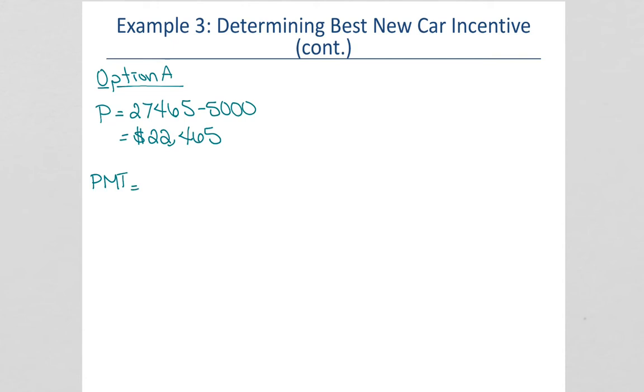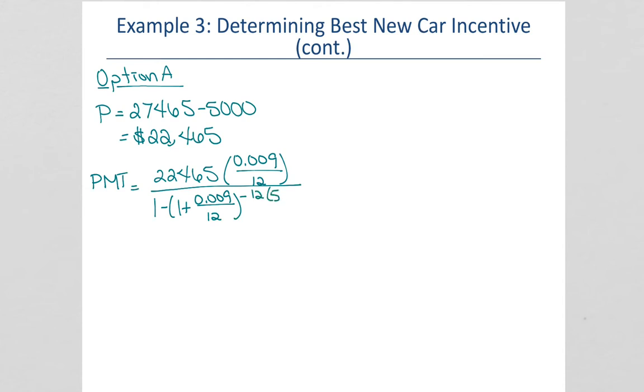The payment, when we plug into our formula, $22,465 times an interest rate of 0.009 divided by 12 over 1 minus 1 plus rate divided by n to the negative n times time, and it says 60 months, that's 5 years.